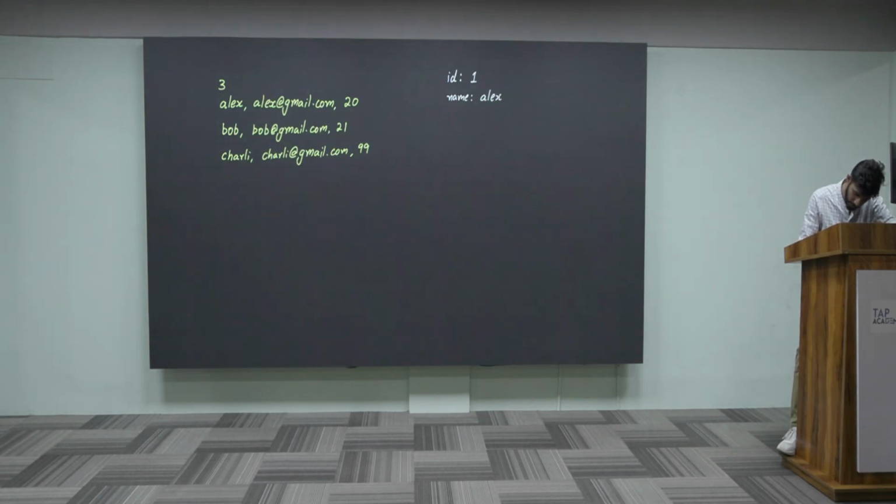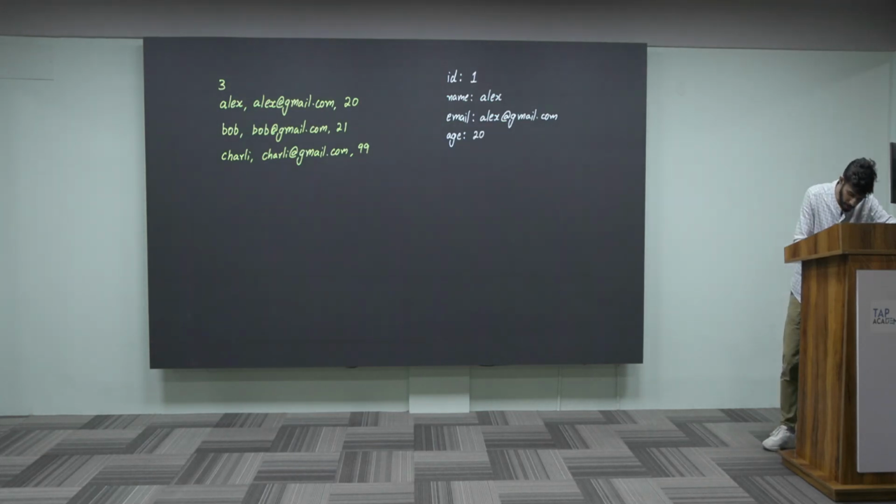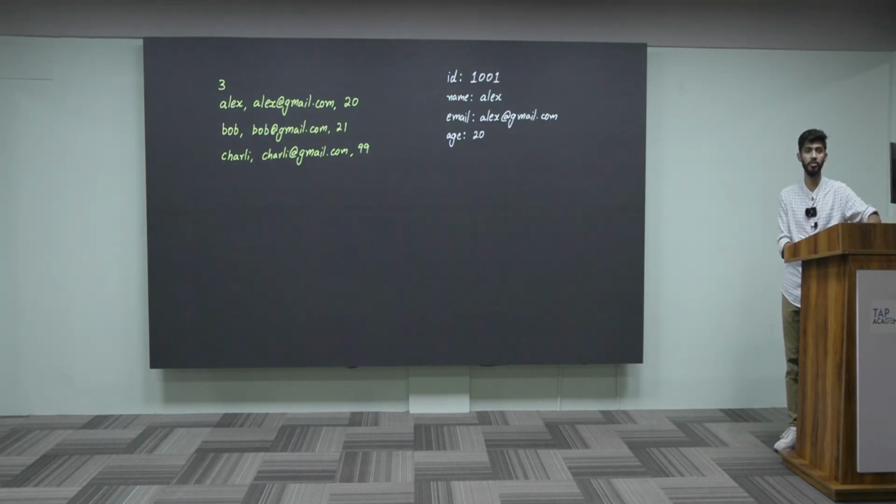After that, email colon alex@gmail.com. Next, age colon and after that 20. This is of the first user. Sorry, it should not be 1, it should be 1001. That should be the one.